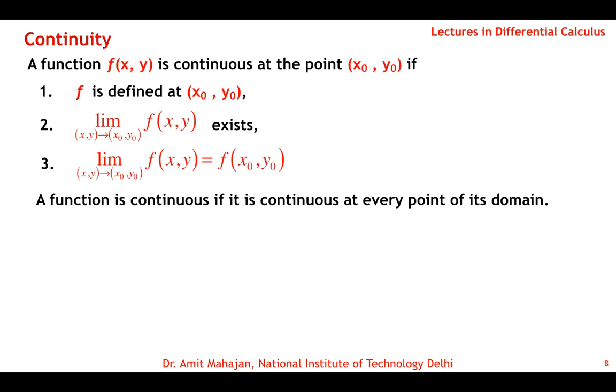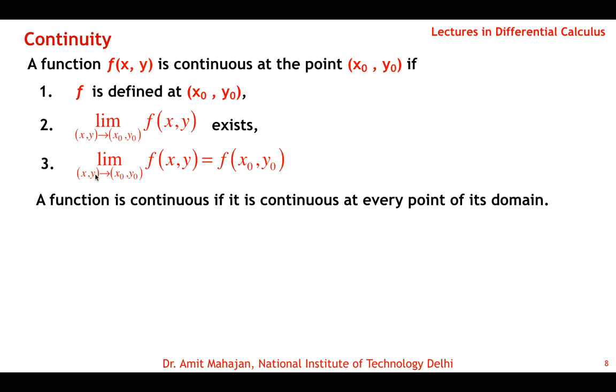The next definition is the continuity of a function of two variables. If you remember, a function f(x,y) is said to be continuous at the point (x naught, y naught) if the function is defined at that point, so the function value at (x naught, y naught) is there, and the limit as (x,y) tends to (x naught, y naught) of the function exists.